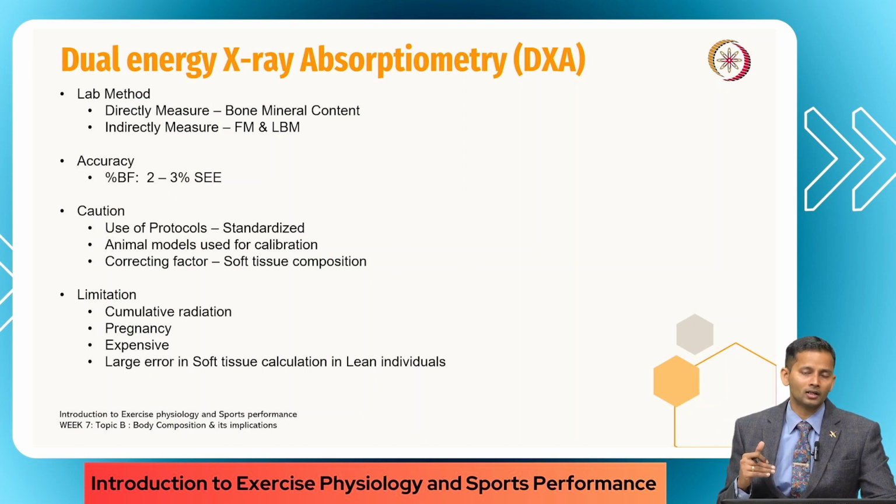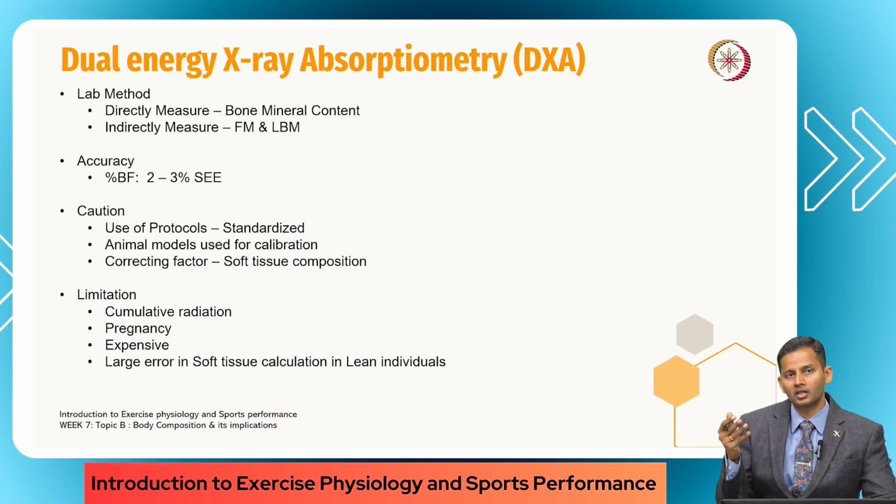The limitations are that it involves some amount of radiation. With a single exposure, the radiation is in an acceptable range, whereas with serial, longitudinal assessment, the cumulative radiation increases. So obviously in pregnant athletes or pregnant women, you will not be able to use this modality for assessing body composition.